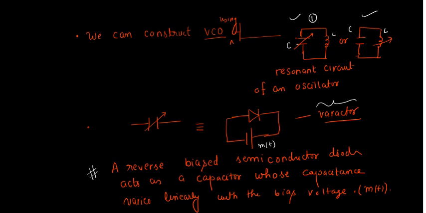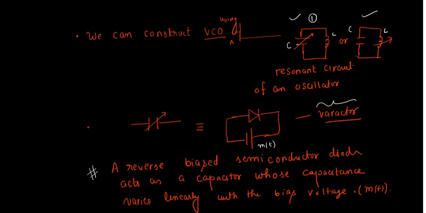So we will focus on this type of resonant circuit, where we change the capacitance with your input signal, and as we change the capacitance, it will change the instantaneous frequency, because we know that the instantaneous frequency is a function of capacitance. That we'll see in more detail in later slides.